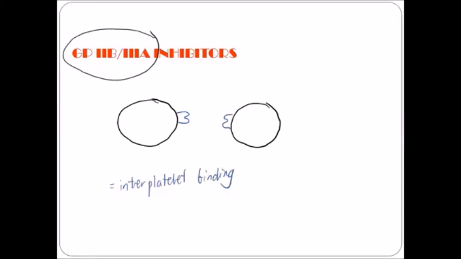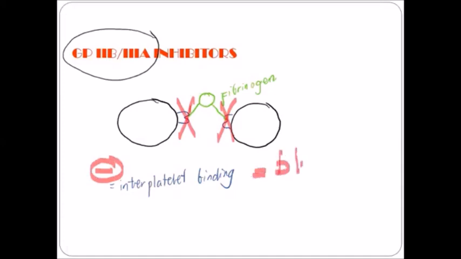Interplatelet because this is the part na kung saan magbabind supposedly ang fibrinogen, causing aggregation. So therefore, pag binlock ng GP2B3A inhibitors like eptifibatide, abciximab, and tirofiban, we tend to inhibit interplatelet binding, hence no aggregation.